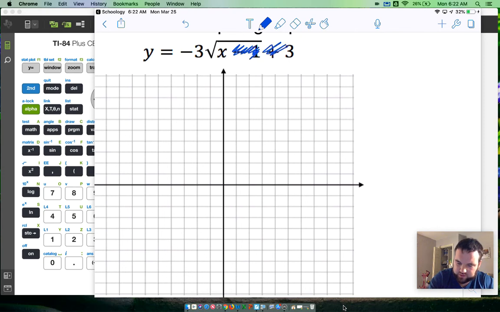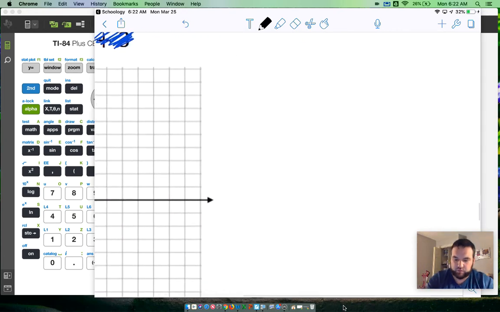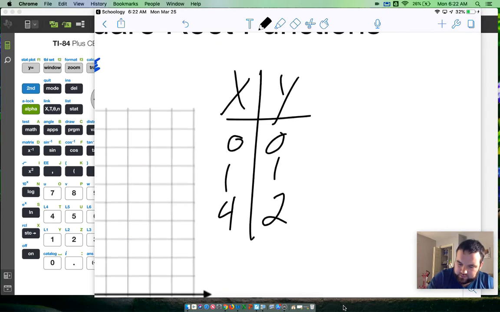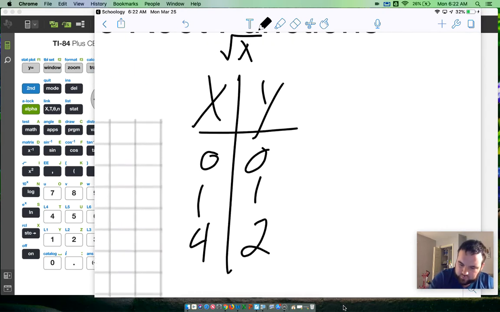So I'm going to pretend that that 1 and that 3 are gone, and I'm going to start by graphing -3 square root of x. So I'm going to start with my parent function. So 0, 0, 1, 1, and 4, 2. Okay, so this is just root x.